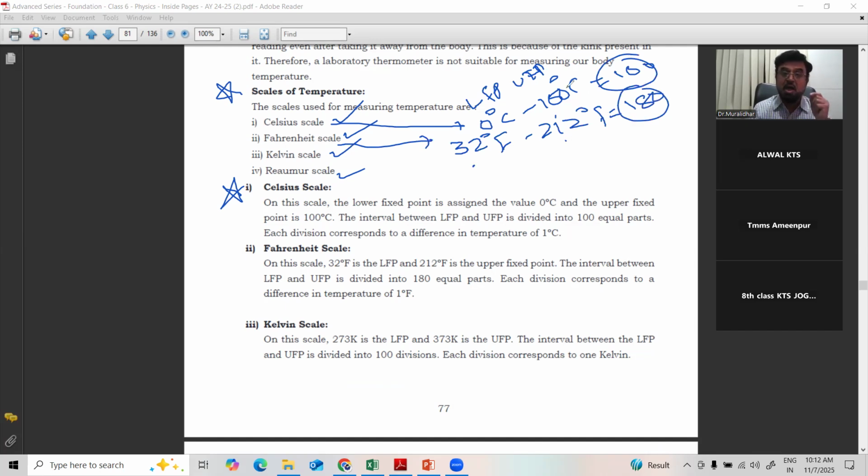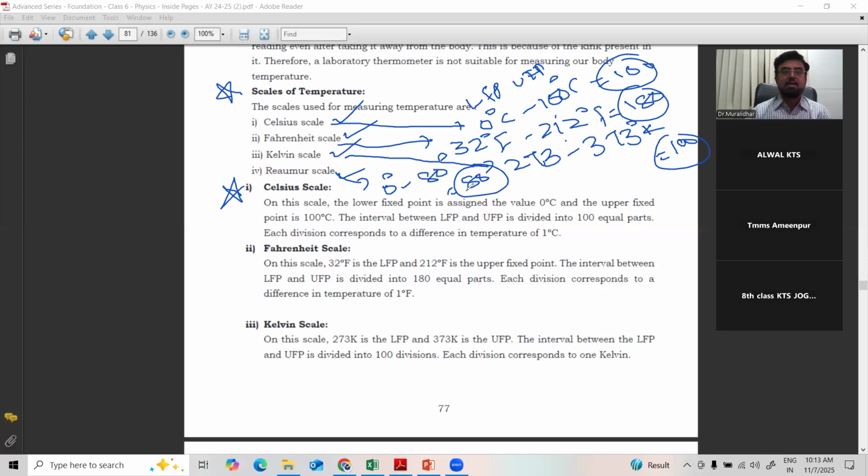Range is nothing but upper fixed point minus lower fixed point. 100 minus 0, 100. 212 minus 32, 180. Whereas the Kelvin scale starts from 273 to 373. This again contains 100 divisions. Whereas the Reaumur scale contains 0 to 80 degrees. Total 80 divisions.